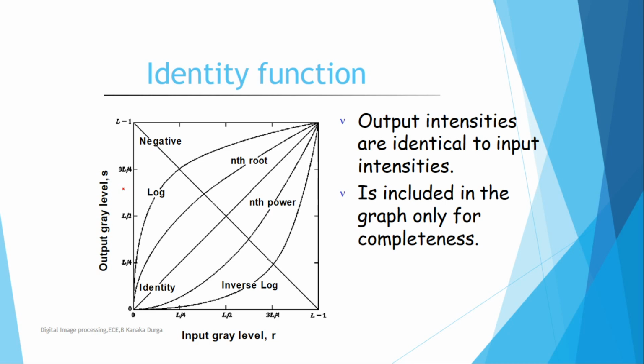We have to remove the noise by applying the enhancement technique, but we should not change any intensity values of the image. At that time, we go for the identity function. The identity function will not disturb the pixel values; whatever the input pixel value is, the same output pixel value is produced, while the image is processed by removing the noise. So at that time, we have to use the identity function.